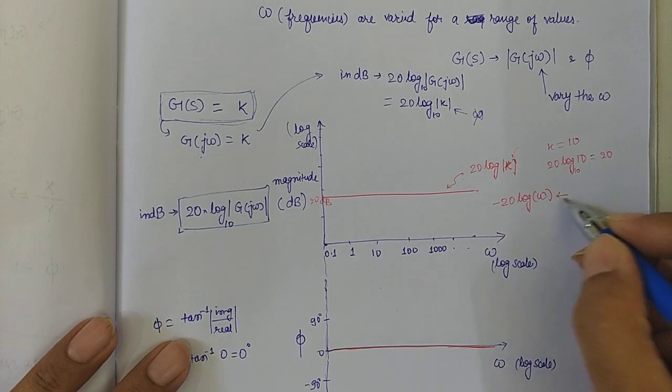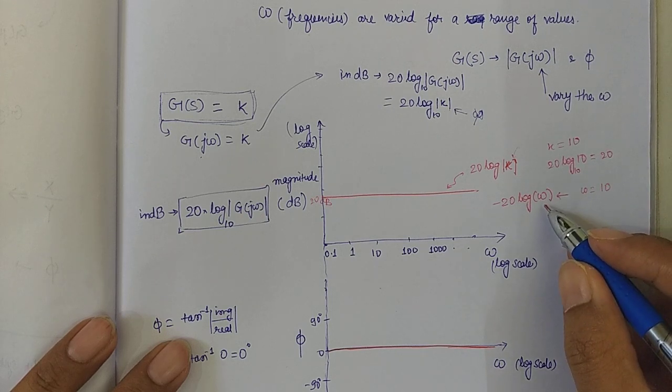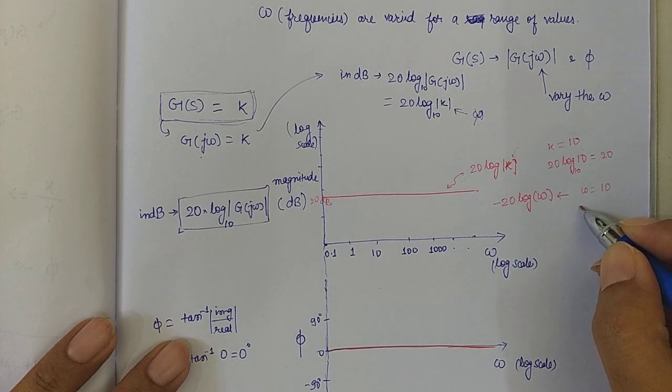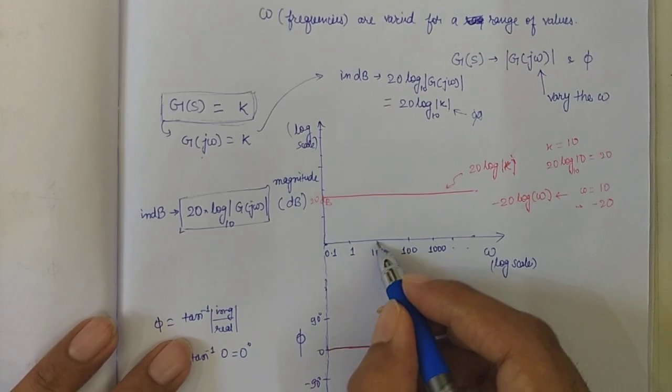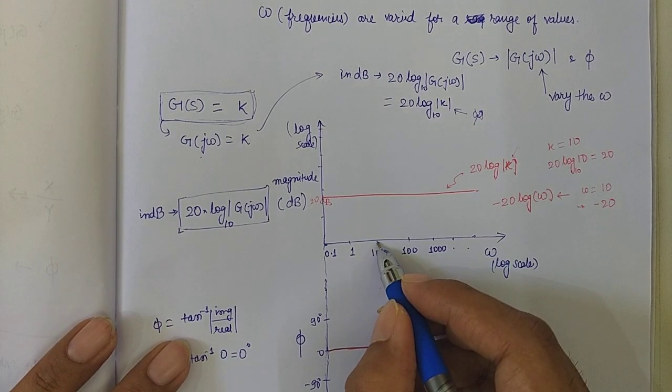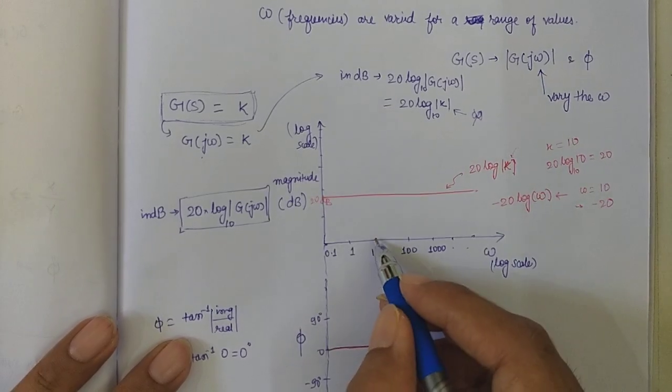Let my omega be equal to 10. So your magnitude will come out to be minus 20. So at omega equal to 10, this is minus 20.